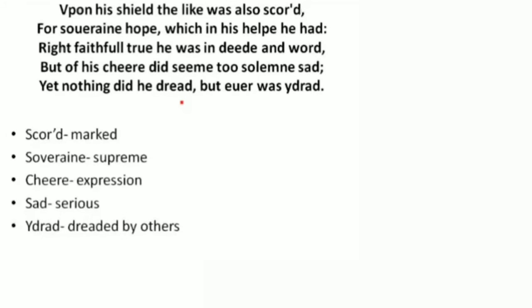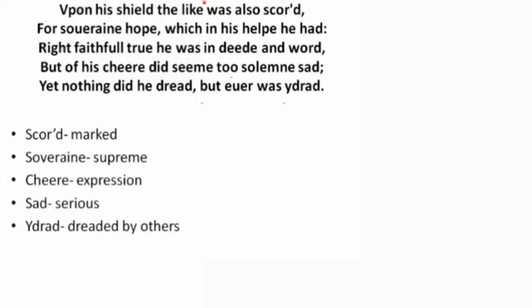Upon his shield the like was also scored, for sovereign hope, which in his help he had, right faithful true he was in deed and word, but of his cheer did seem too solemn sad, yet nothing did he dread, but ever was ye dread. So on his shield the like was also scored. There was a mark on his shield also.